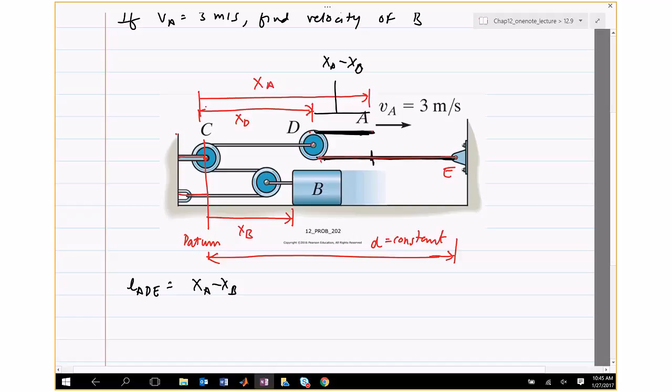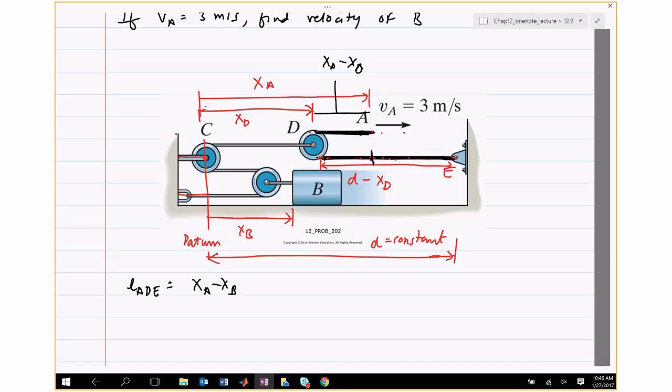So can I write this as D minus XD? I cannot write it in terms of A. Somebody said, can I write it in terms of A? I cannot, because when A moves, this distance will change, and then I have no way of specifying the remaining distance. You can try to specify in terms of A, but you'll see that you cannot do that.